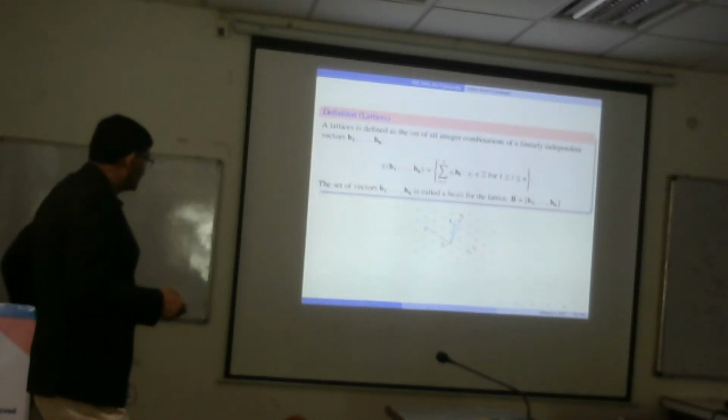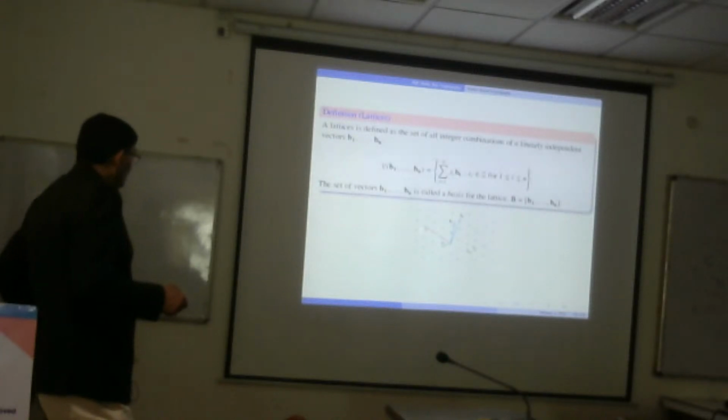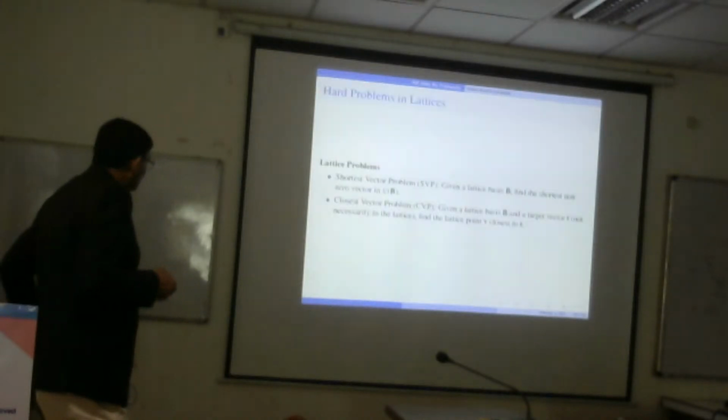Suppose this is V1, this is V2, this is V3, then you take the linear combination. All these points are the set of this lattice: linear combinations of vectors over the ring.